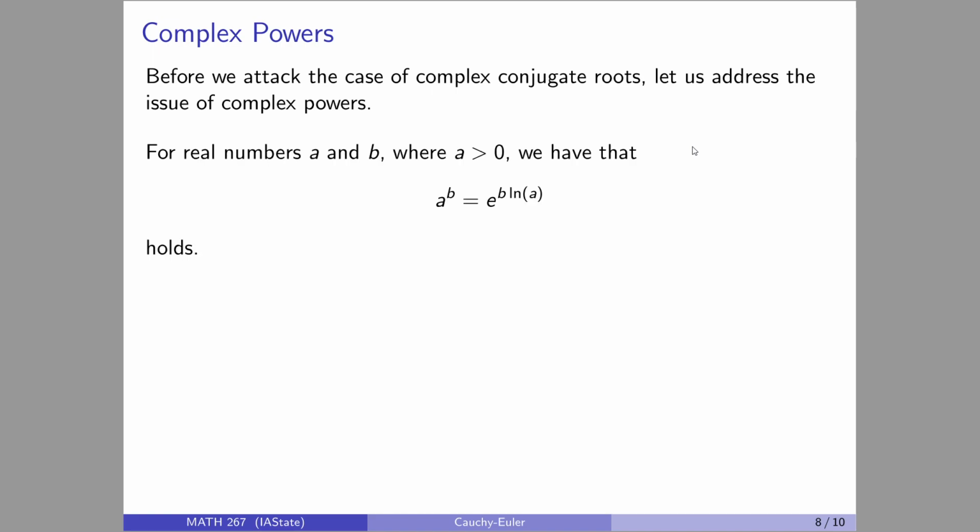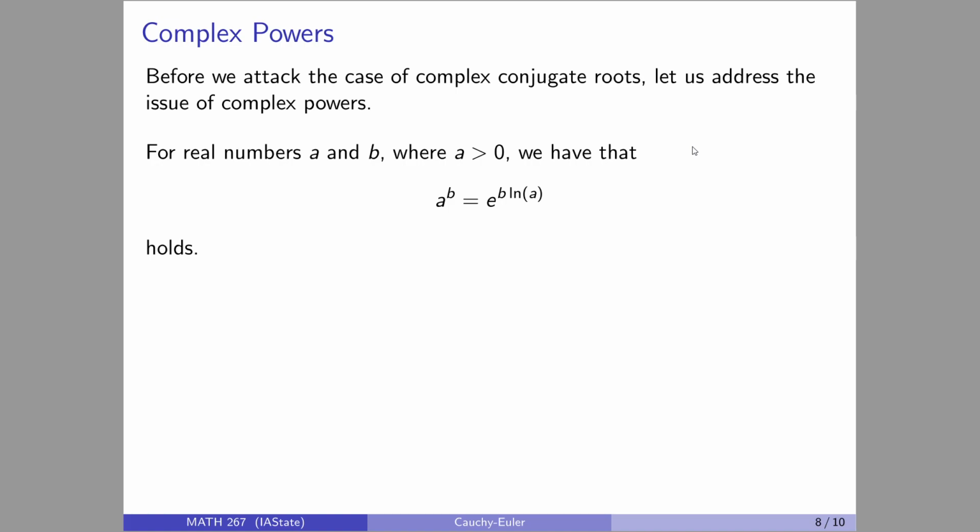All right, so remember, for real numbers a and b, where a is strictly positive, a to the b is of course defined. You could talk about 2 to the pi power, or e to the pi power. But all exponents are really e in disguise, thanks to e and the natural log interacting quite nicely. Specifically, b times log of a is log of a to the b, and e and natural log undo each other.